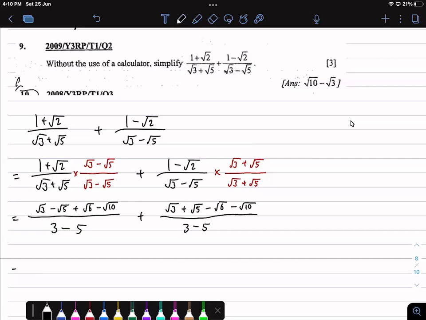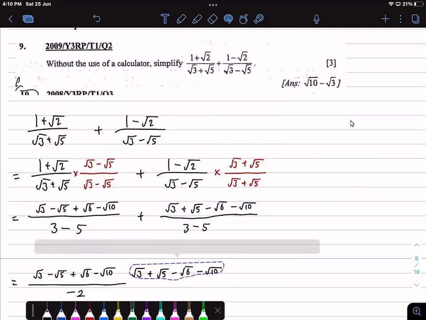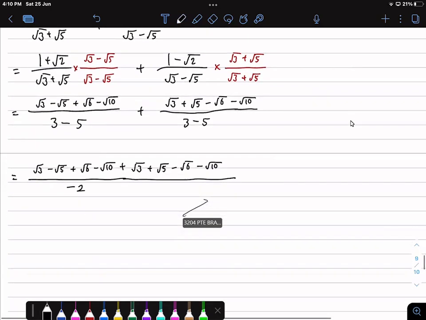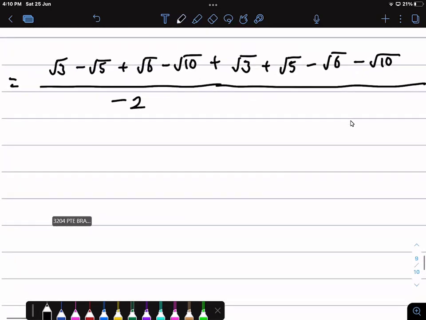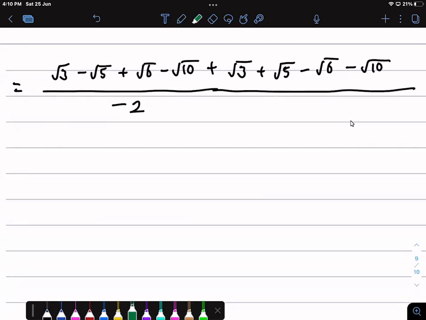Single denominator equals -2. Numerator, you can add them all together. Is this okay? Anything to cancel? Yes. Root 5 can cancel, root 6 can cancel.